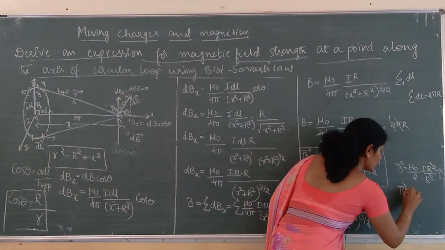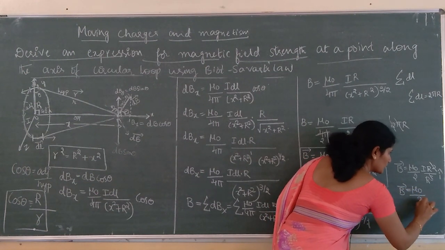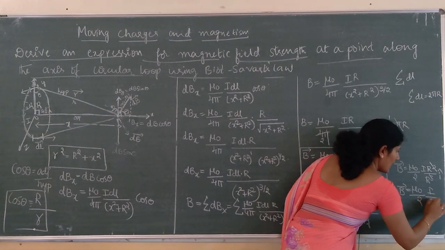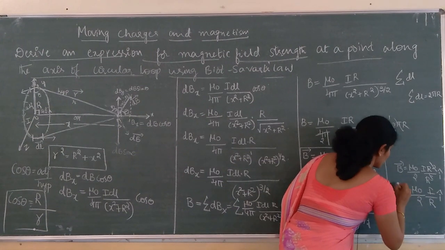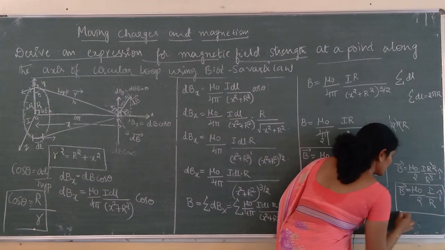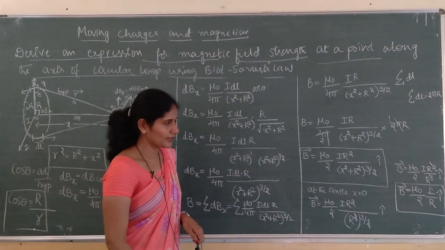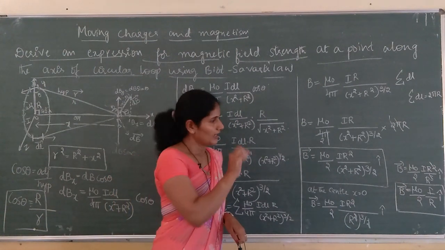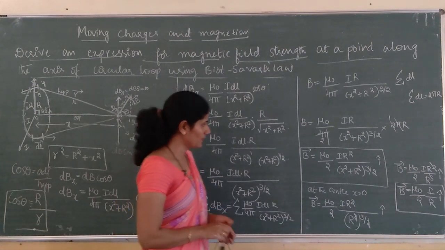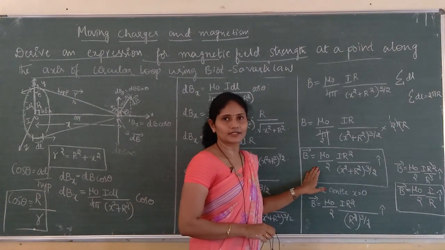So B vector is equal to mu naught by 2 I by r into i cap. This is the expression for magnetic field at the center of the coil, mu naught by 2 I by r.